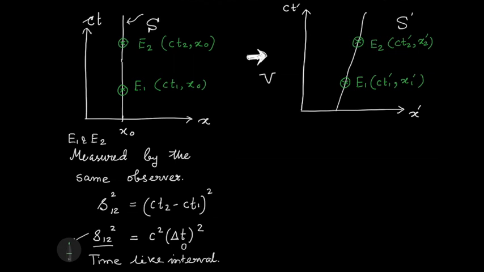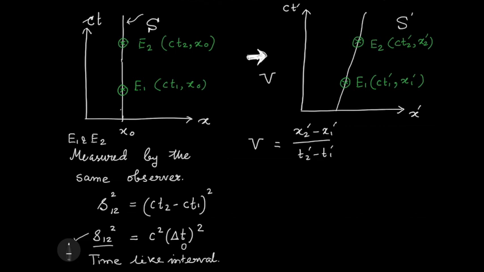They're happening at different times and different positions. And if I ask you, what is x2 prime minus x1 prime by t2 prime minus t1 prime? Difference in x by difference in t. This we have seen before. This is essentially the velocity, and the velocity is v, because it's the world line of the same observer, this reference frame.